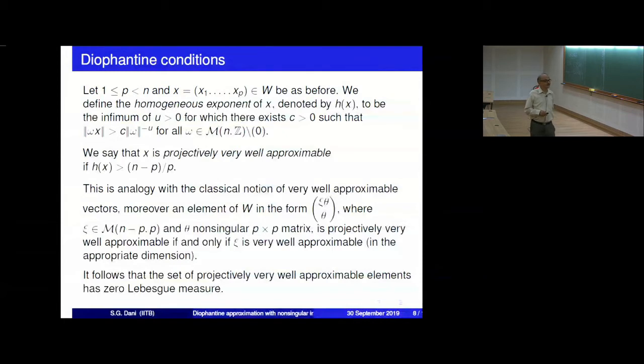One knows that the set of vectors that are very well approximable in the classical sense is a set of zero Lebesgue measure. It's an exceptional behavior, and because of what I recalled here, it's easy to see that the set of projectively very well approximable elements will also be of zero measure in W. So satisfying this condition is a certain exceptional behavior.